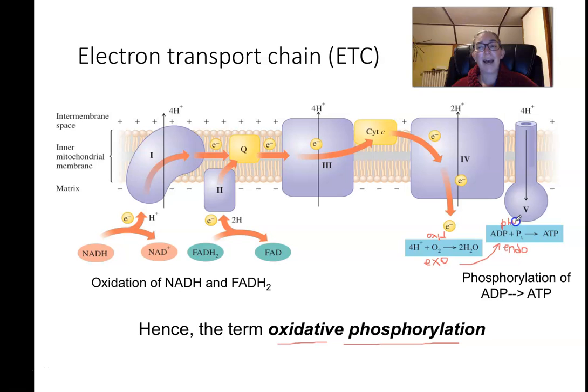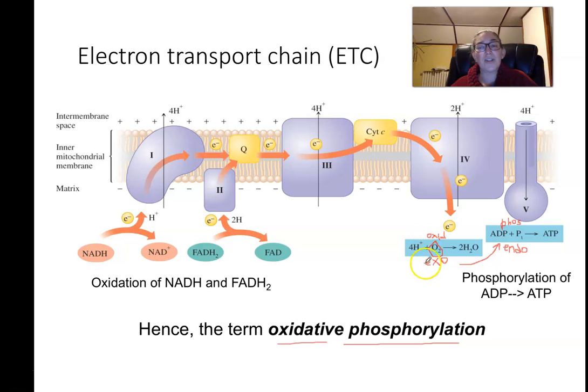So if you don't have oxygen, if you're not breathing, and you're not getting oxygen to your cells, then you can't do this oxidation reaction. You won't have oxygen to do this oxidation reaction, which means your cells won't be able to generate the phosphorylation reaction and make ATP.